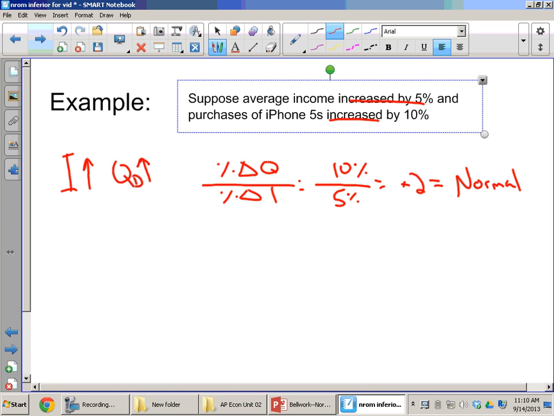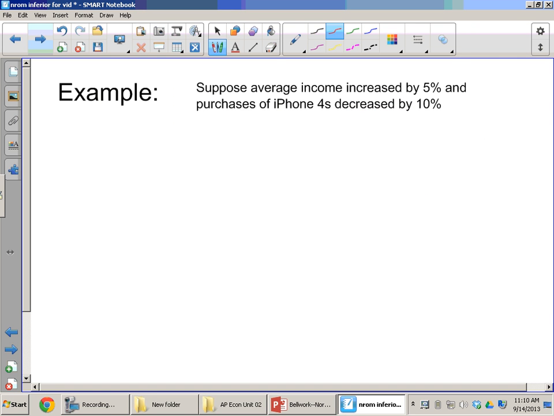Let's jump to the opposite example. Suppose average income increased by 5%, and purchases of iPhone 4s decreased by 10%. This will kind of give you an example of where we see this in a little more common reality here. All right, so again, formula, percentage change in the quantity is a negative 10%, actually.